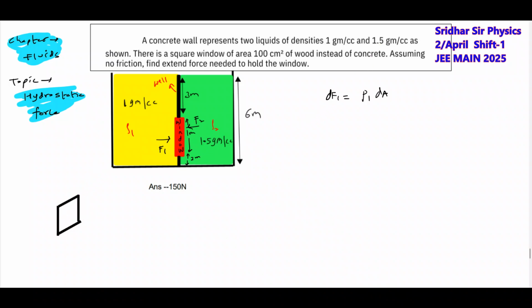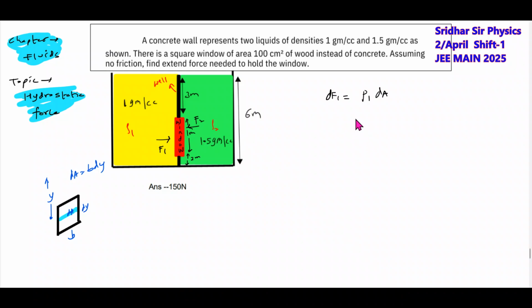We'll assume a small strip at a distance dy. This will be at a distance y, and the width will be B. What is the area of this strip? dA is equal to B into dy.